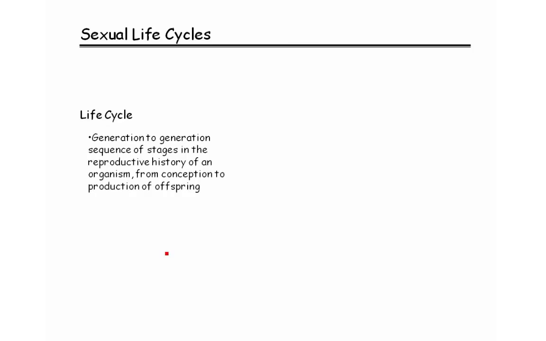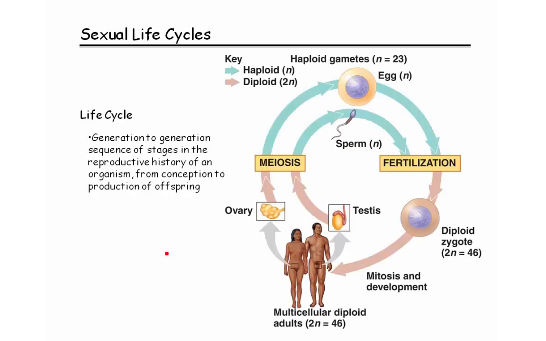If we look at the human life cycle, you're probably familiar with it already, but if we throw in the ploidy terms and talk about our gametes versus our somatic cells, we all start as a fertilized egg. If we look at that fertilized egg over here, that's what we typically call a zygote. That zygote is the very first somatic cell that composes us.